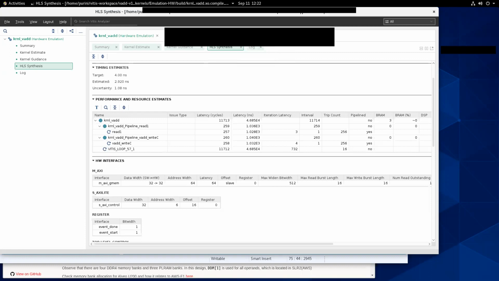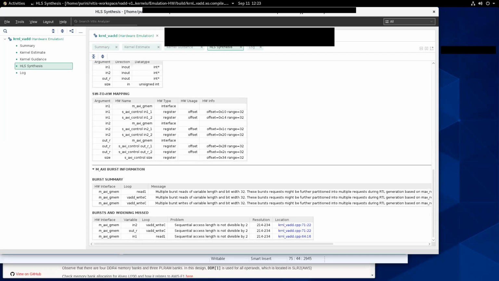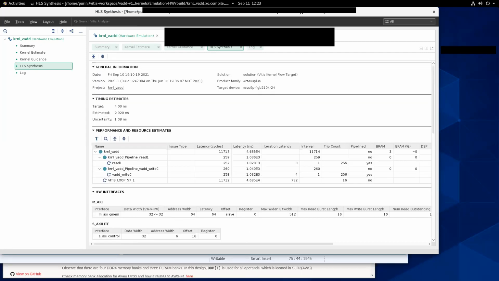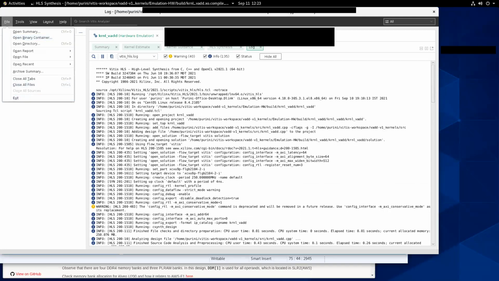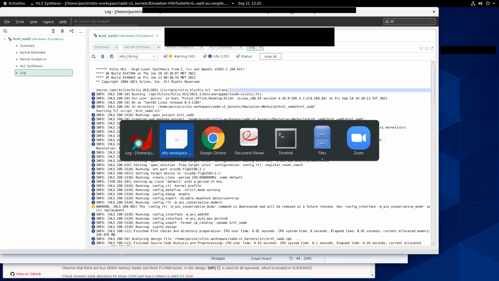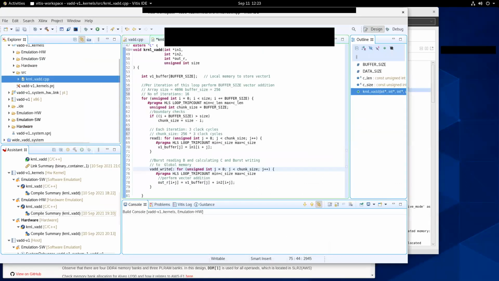So this is about the hardware emulation. If you see, these are the things where you will get some more information, and this is the log. So let's go back and try to see the hardware.